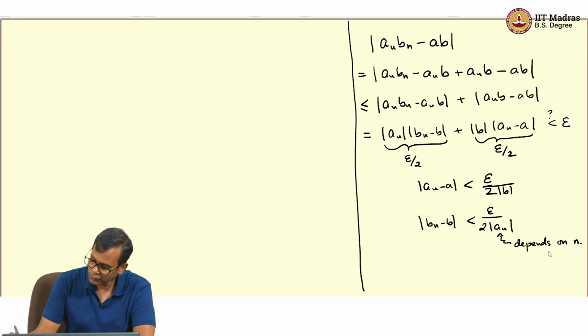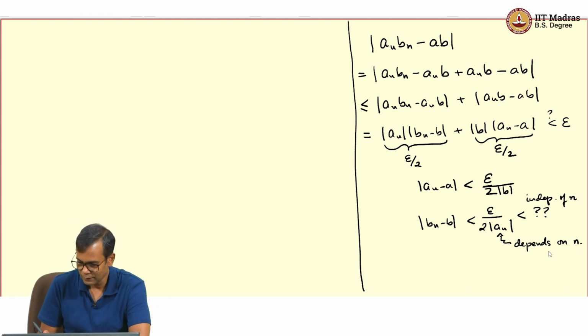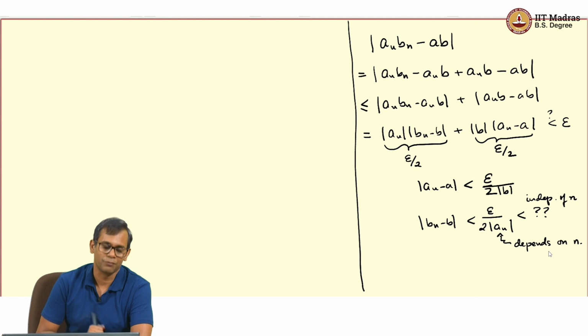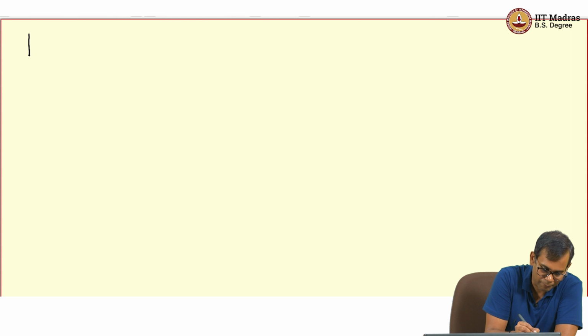So what we need to do is somehow bound this by something independent of n. For that we will need a certain property of convergent sequences, namely that every convergent sequence is bounded. So I will call that a lemma.